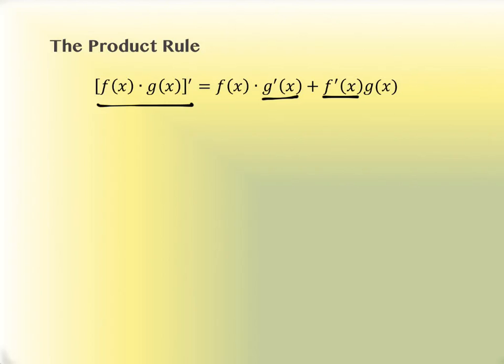You take the original first function, and I do this backwards from the textbook because I really like the fact that I can do the first piece without actually doing any calculus. So whatever the first piece was, you simply write it down. And then you do the derivative of the second piece. And then you reverse. You do the derivative of the first piece that was written down, and then you write the original of the second piece.